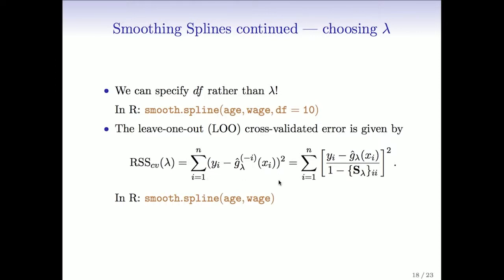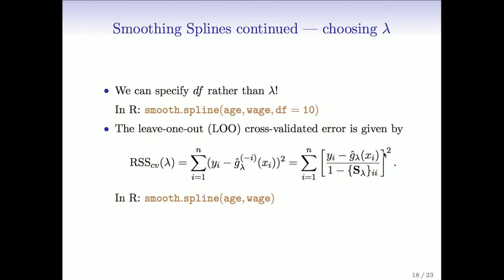And to compute this whole sum, we'd have to leave out each point and refit the function each time. Well, it turns out you can just fit a smoothing spline to the original data and divide each of the residuals by 1 minus the corresponding diagonal element of that smoother matrix. So nice, it's like a magic formula.